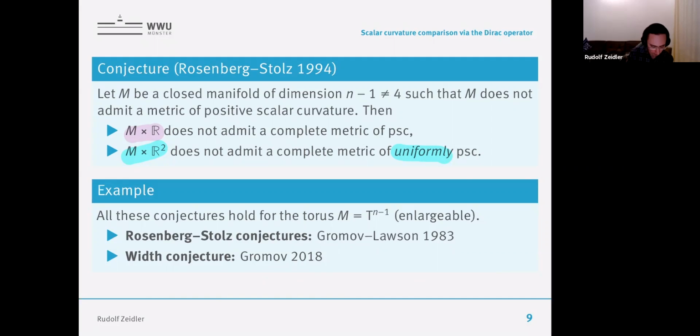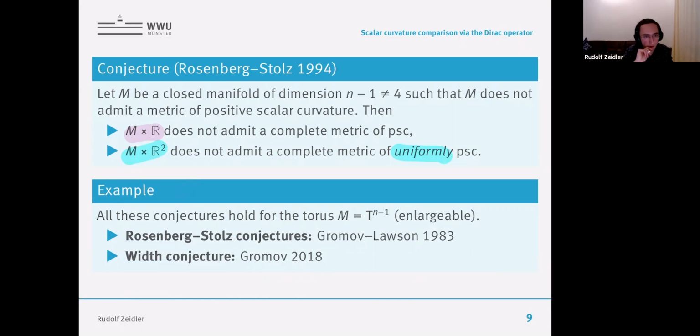And now, maybe as a first example, all these conjectures in fact hold for one of our favorite examples of a manifold which does not admit positive scalar curvature, namely the torus, or more generally for so-called enlargeable manifolds.